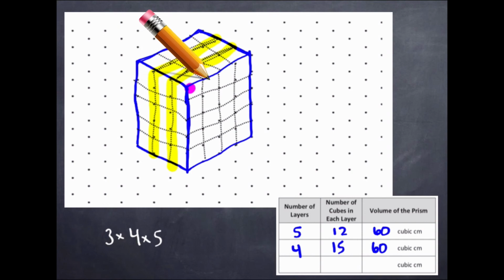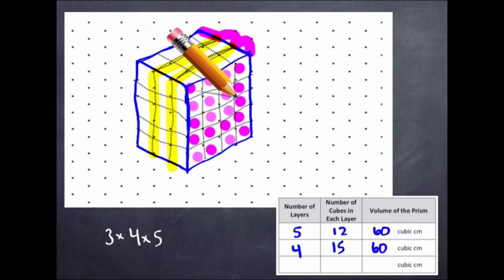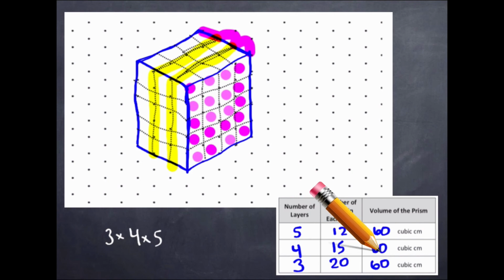I would have 1, 2, 3, 4, 5, 6, 7, 8, 9, 10, 11, 12, 13, 14, 15, 16, 17, 18, 19, 20. I would have 20 cubes in one layer, and I would have 1, 2, 3 layers. So 3 layers with 20 in each layer. Well, 20, 40, 60. There we go. So we'd be able to tell that way as well.